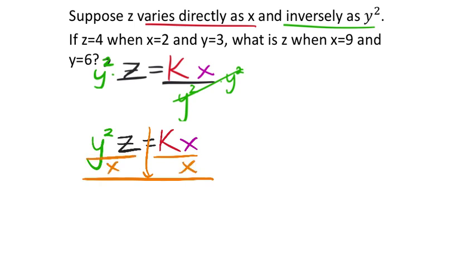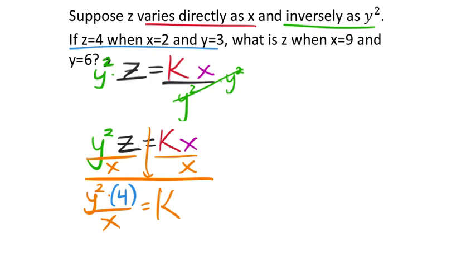So now I know that k is the same as taking your y, squaring it, timesing it by the z, and dividing it by x. We do have some values that we started out with right here, so I'll do these in blue. I have a z value that's 4, so I replace z with 4.